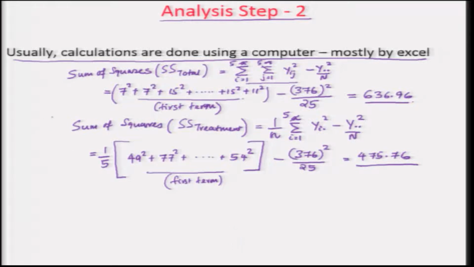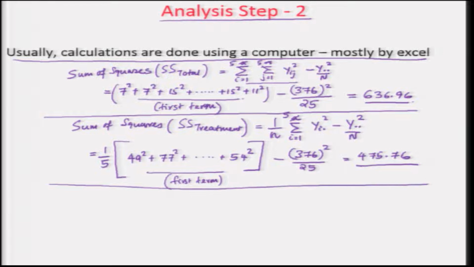So, we have calculated the sum of squares of total and sum of squares of treatments, we have done both. Then how do you calculate the sum of squares of errors? It is calculated by SS total minus SS treatments. Where did I get this? I got this in the matrix.